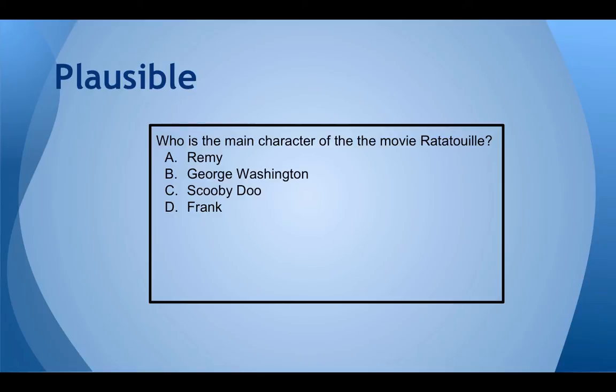So try to make all 4 options very plausible so that you end up testing the student's understanding of the content rather than their ability to guess or to eliminate the implausible items from the choices.